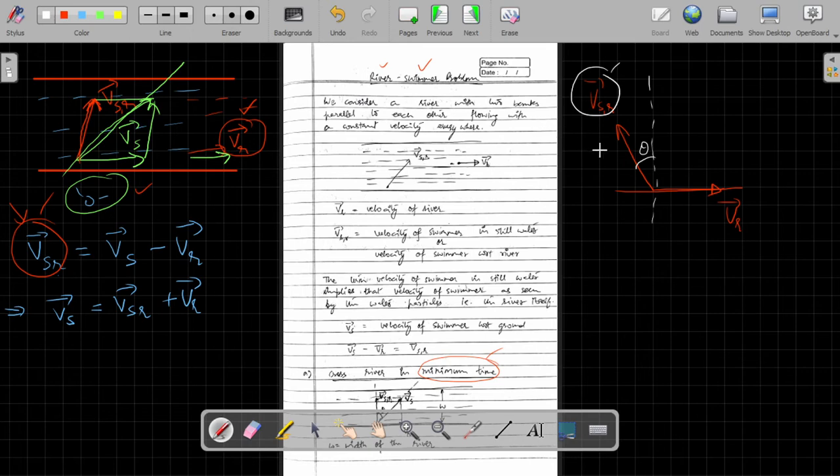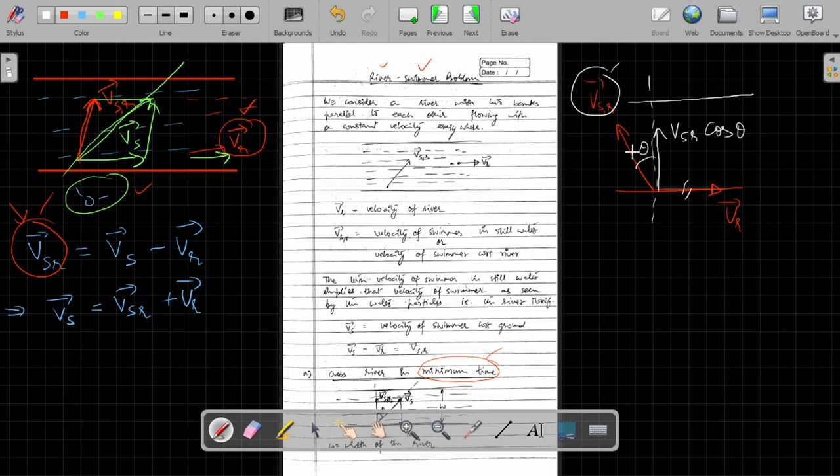If we are trying to evaluate the net velocity, what would be the component of velocity of river along a direction perpendicular to the river? Along this direction there would be no component of velocity of river. The only component of velocity in this direction would be VSR cos theta.